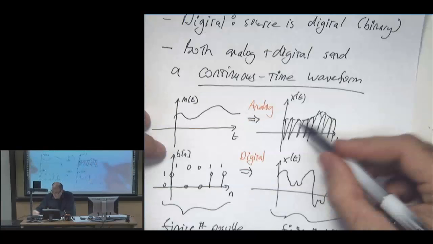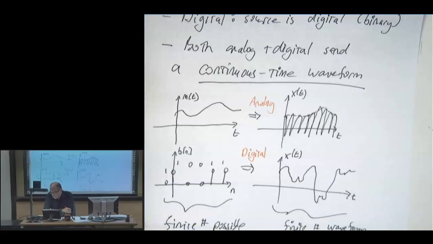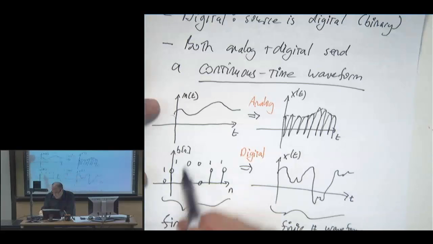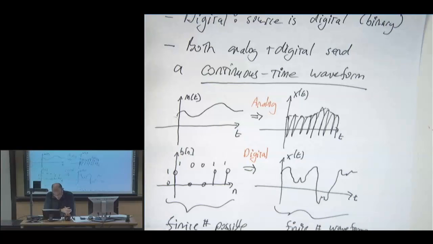Whereas here you could end up sending really any continuous value. You can think of it like here we have a real number, and here we have just this binary information. Okay, so that's analog versus digital.